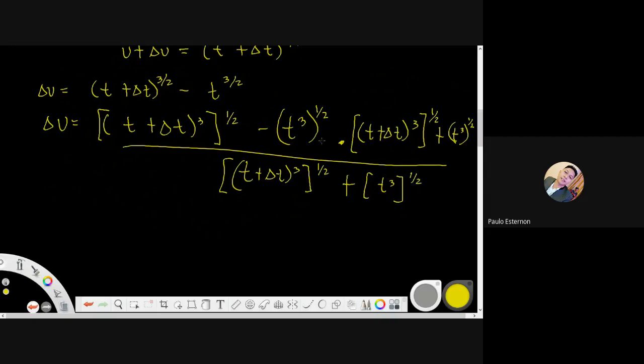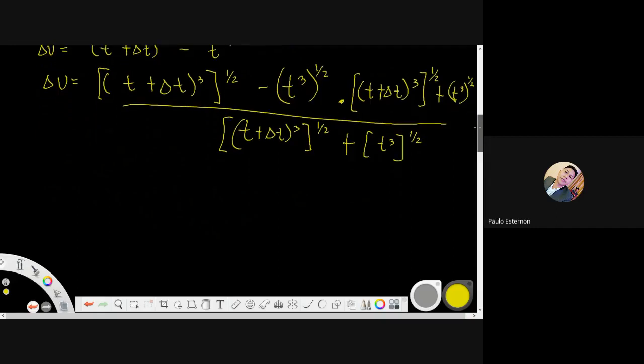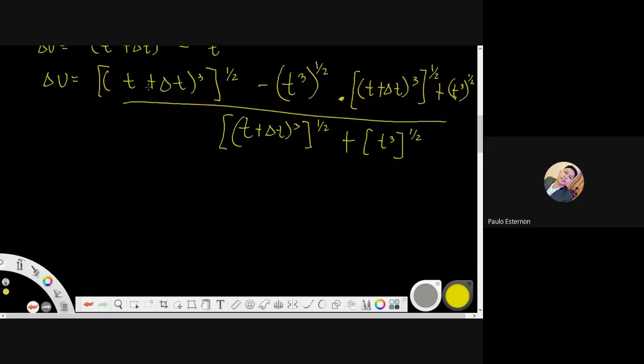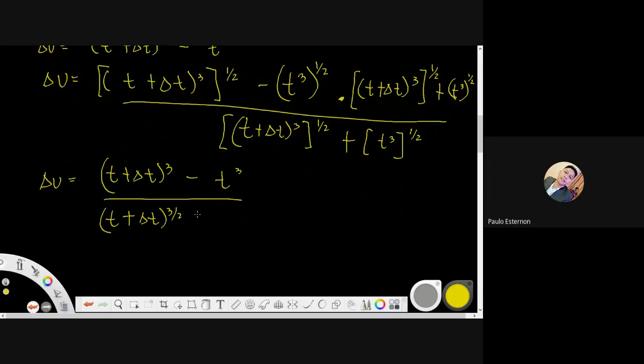When we multiply two conjugates, the result is the difference of two squares. So we will square this and cancel the 1 half, and we also square this and the 1 half exponent will be canceled out. So delta u is equal to t plus delta t cubed minus t cubed, all over t plus delta t cubed raised to 3 halves plus t cubed raised to 3 halves.